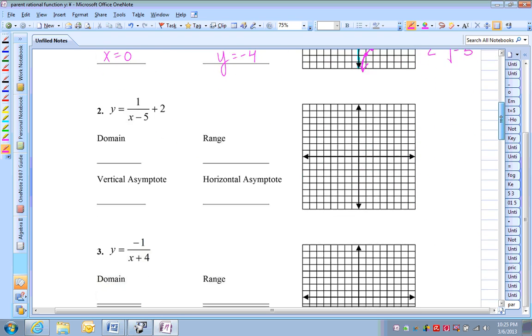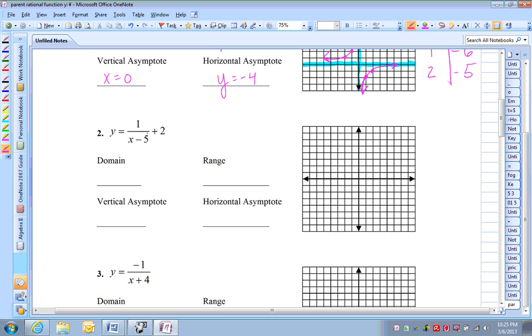Okay, moving on to problem 2. This -5 right here tells me that my vertical asymptote is going to shift right 5. Remember, in my class, I refer to any number that's close to the x as bear, and bear is a male, so he does the opposite of what he's told.